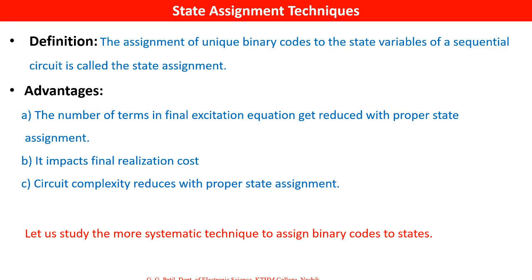Since the number of components get reduced, the circuit complexity gets reduced with the proper state assignment, and since the number of components are less, the speed of the circuit gets enhanced with a proper state assignment. So these are the advantages of state assignment.